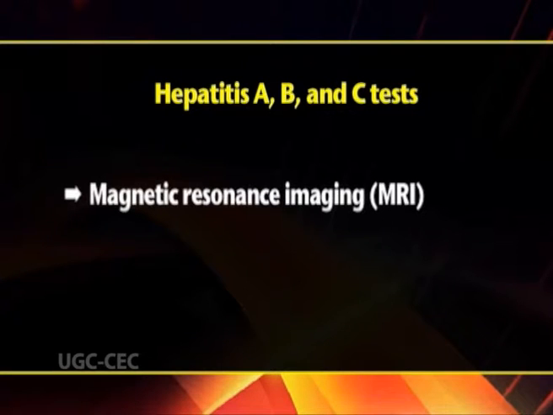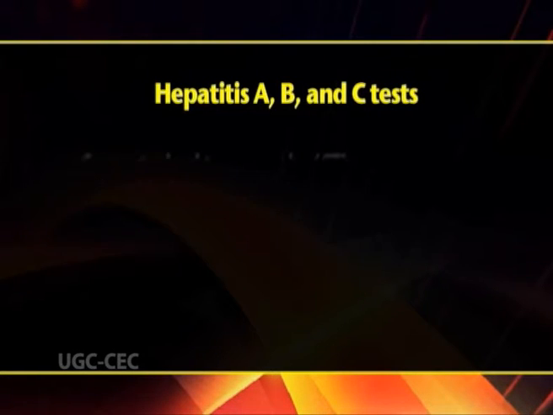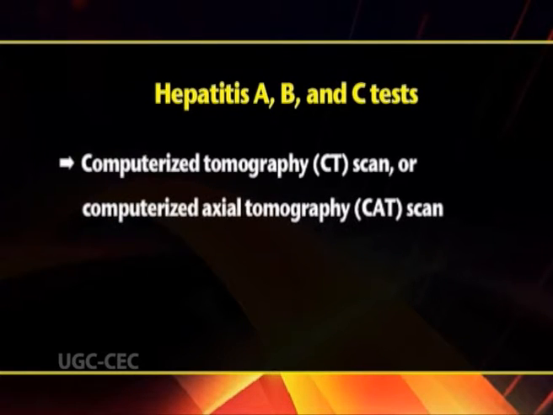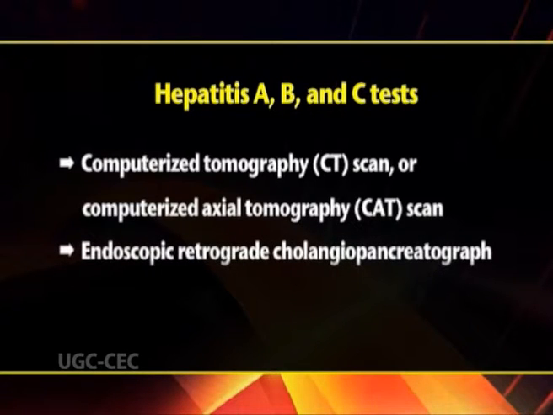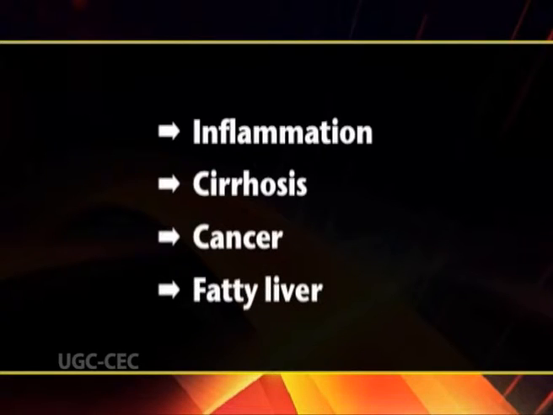Some of these tests include magnetic resonance imaging, that's MRI, abdominal ultrasonography, that's ultrasound, computerized tomography, which means CT scan, or computerized axial tomography, means CAT scan, and endoscopic retrograde cholangiopancreatography, which means ERCP. A liver biopsy is particularly useful in checking for inflammation, cirrhosis, cancer, and fatty liver.